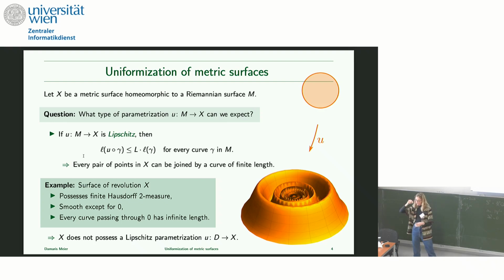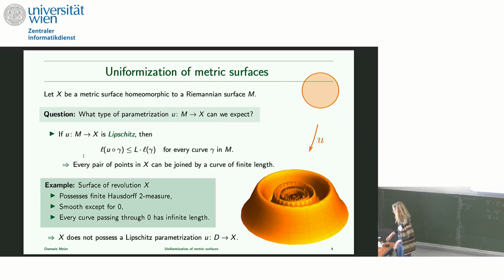It's the length metric on the surface. Yes. So, in fact, around this point, not even locally, we can parameterize it with a Lipschitz function. So we have to be a bit more creative in looking for parameterizations of such a surface.